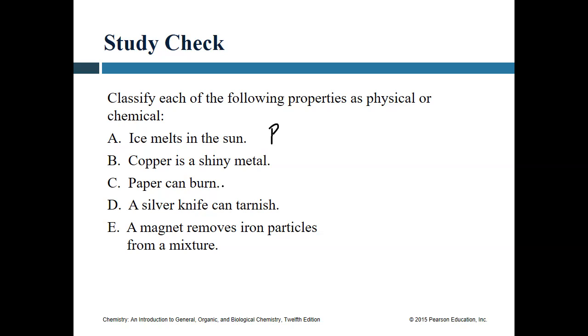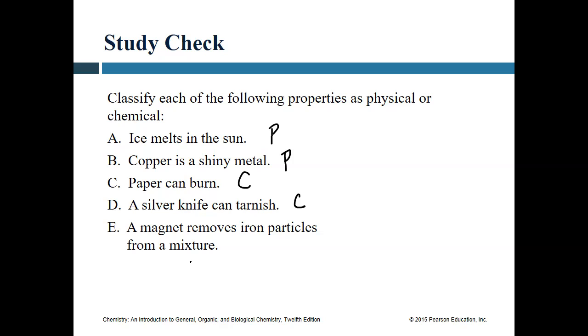Copper is a shiny metal. Also physical. We're just describing how it looks. Paper can burn. Chemical. It's describing a reaction. A silver knife can tarnish. Also chemical. Tarnish is a reaction between metal and the sulfur in the air.